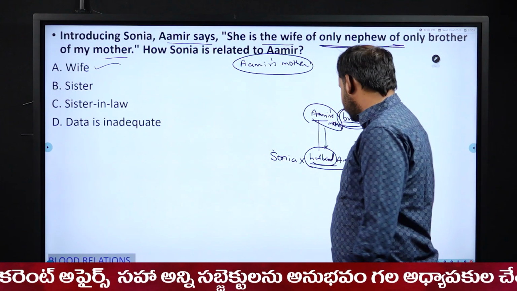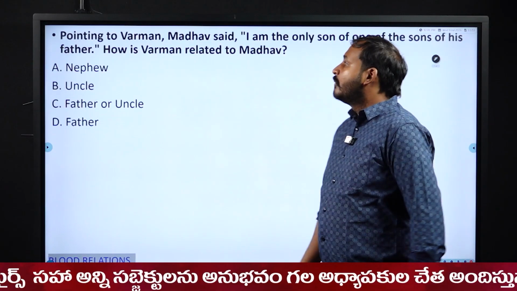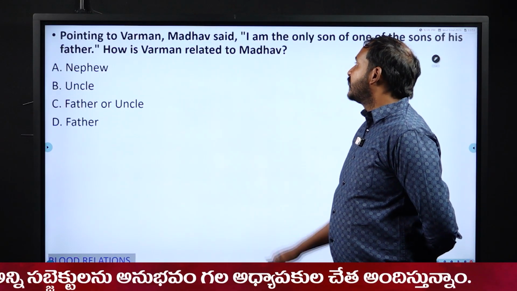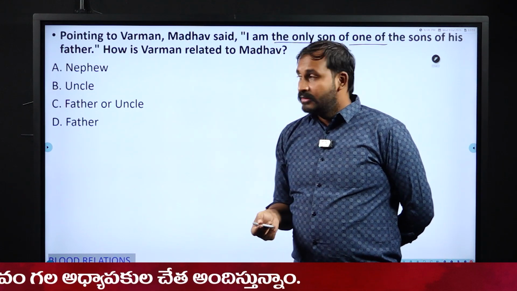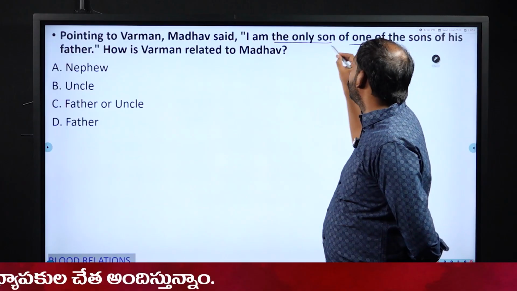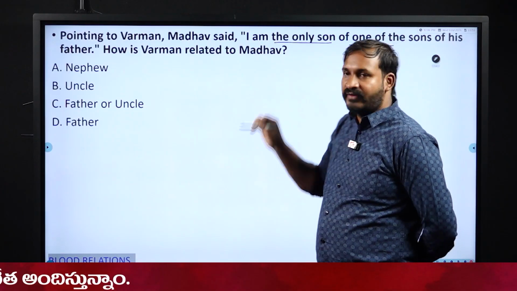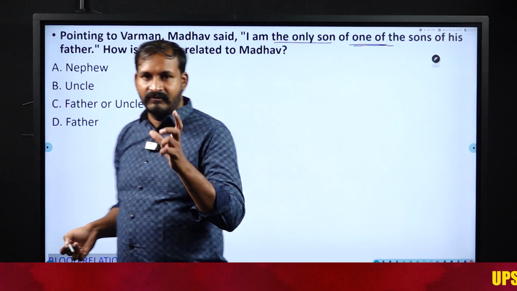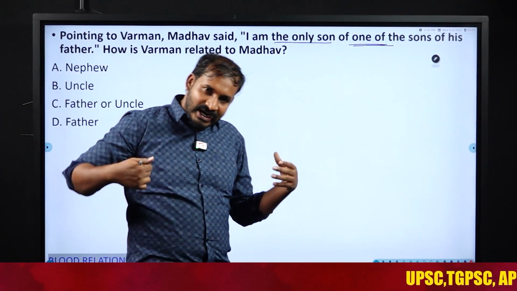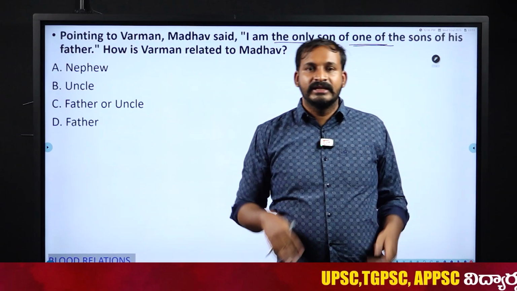Okay. Next one. Pointing to Varman, Madhav said, I am the only son of one of the sons of his father. That means our Madhav is a male person. Now this is a little bit different one. Till now we have seen the word my, but here he started telling the story from himself.